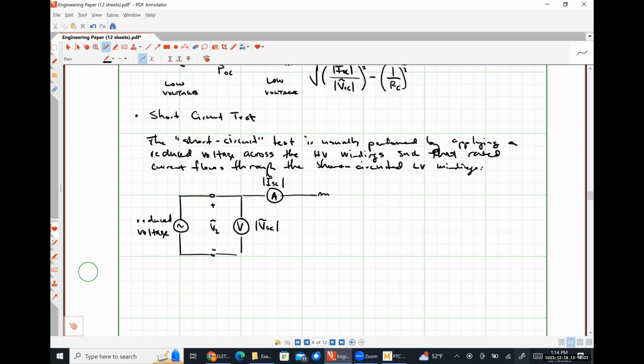And over here, we have a wattmeter to measure our short circuit power. And then this measurement circuitry is connected to the high voltage windings of our transformer.